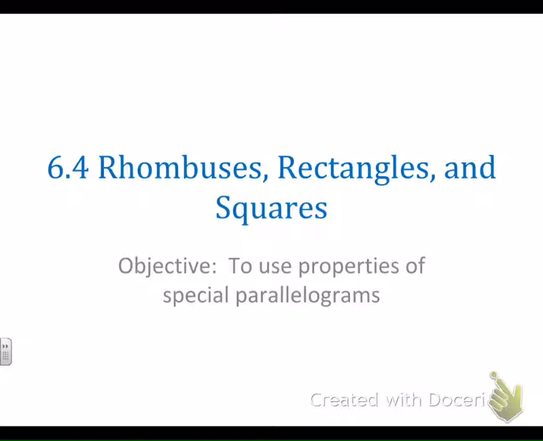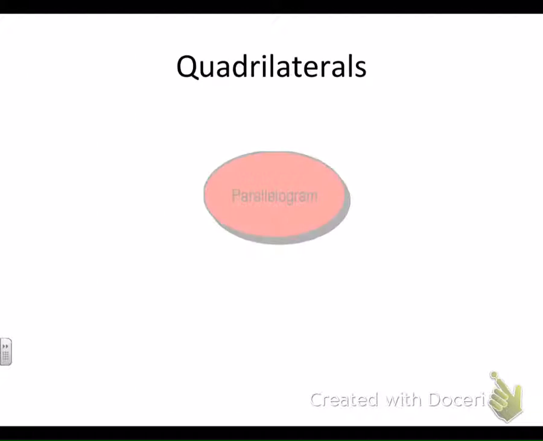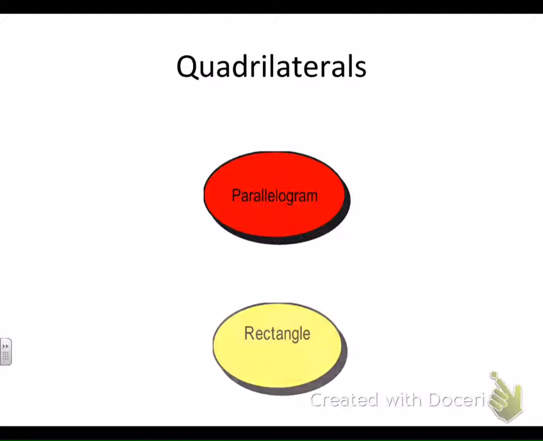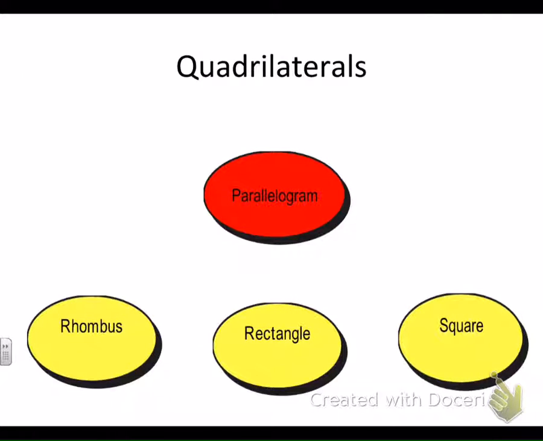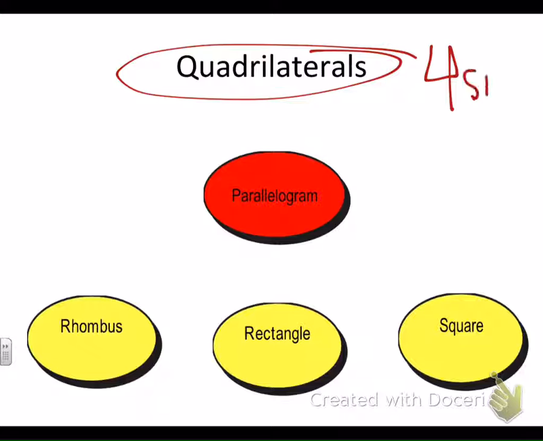Alright, 6.4, we're talking about rhombuses, rectangles, and squares, and the objective is to use properties of special parallelograms. Alright, quadrilaterals. So this is kind of what we've been doing and what we're going to be going into. A quadrilateral is the overall shape that has 4 sides. A parallelogram is whenever both pairs of sides are parallel.